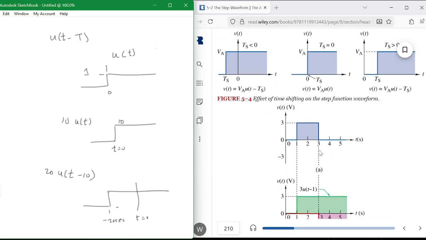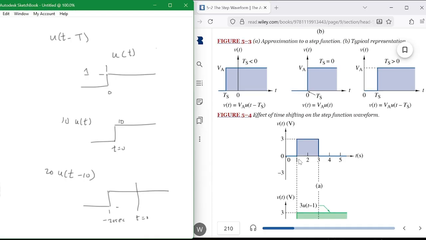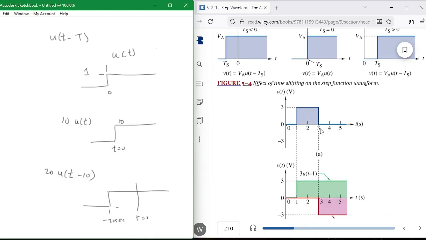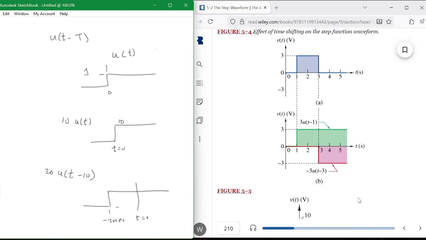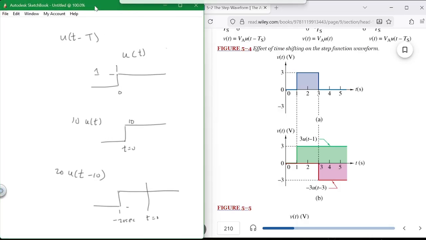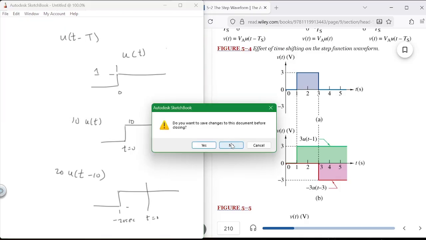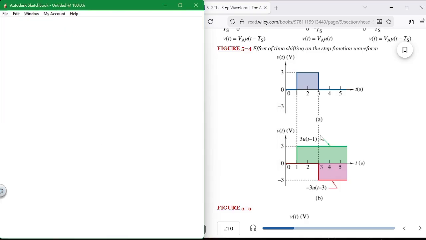How would you write this signal right here? See the game we're playing? Here we go with the real world. It's 3 U of t minus 1, minus what?